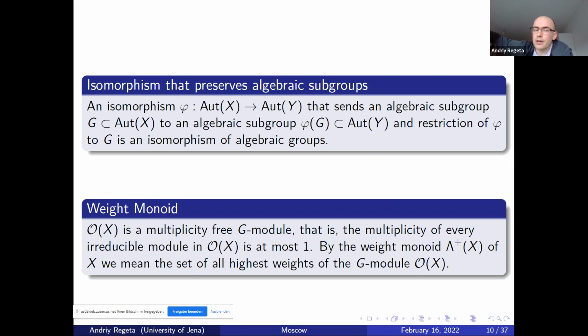So if X is spherical, then actually O of X is a multiplicity-free G module. That means the multiplicity of every irreducible module in O of X is at most 1. And by the weight monoid of X, we mean the set of all highest weights of the G module O of X.